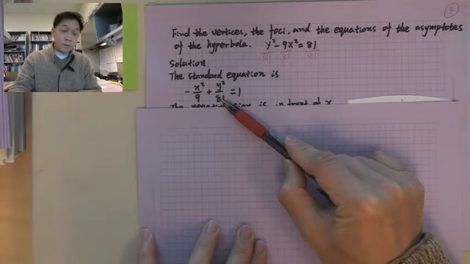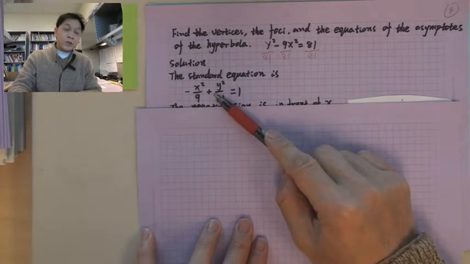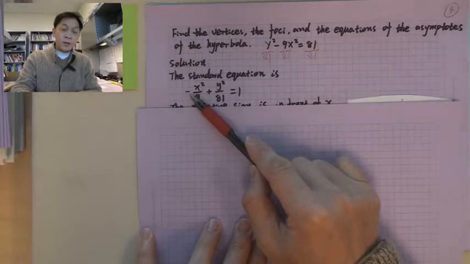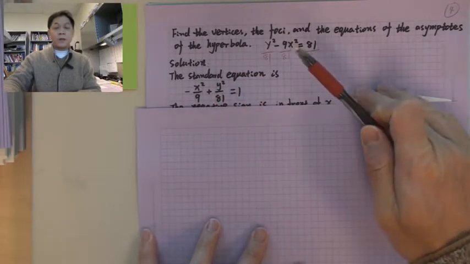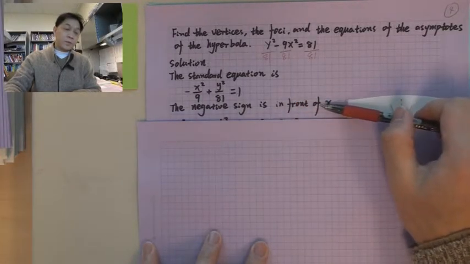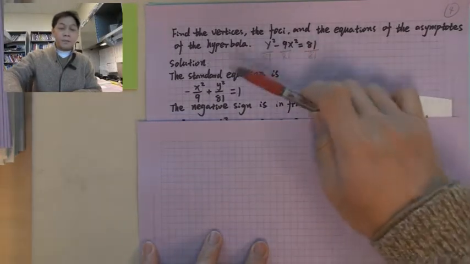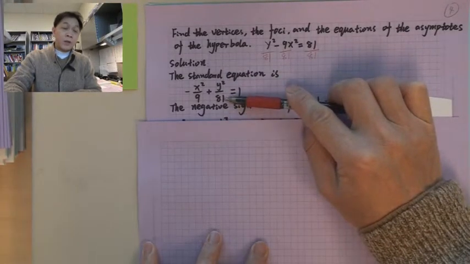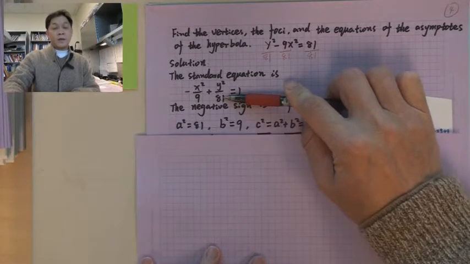Okay, in this case, the coefficient in front of x squared is negative. So the negative sign is in front of x. Then who is a? Whoever is positive will be a.